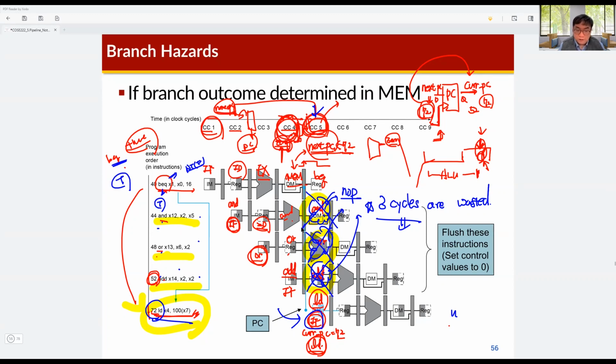But we cannot avoid data hazard if the former instruction is a load instruction. Actually, the control hazard is the same. We cannot avoid control hazard, but we can reduce the wasted cycles caused by this control hazard.